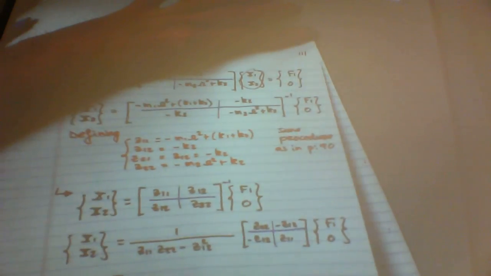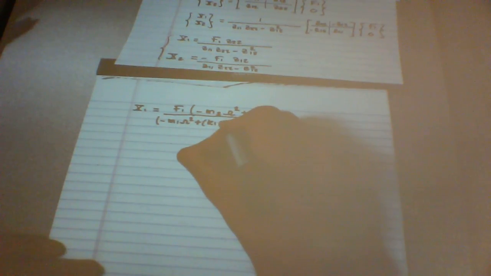All right, so let's see what happens if we transform that back to the other notation. x1 will be equal to f1 times z22, which is minus m2 omega squared plus k2, divided by minus m1 omega squared plus k1 plus k2 times minus m2 omega squared plus k2.